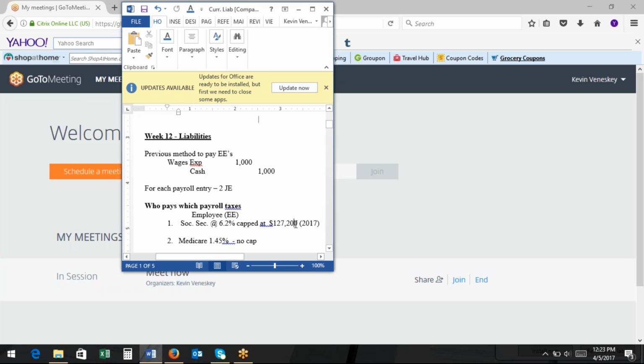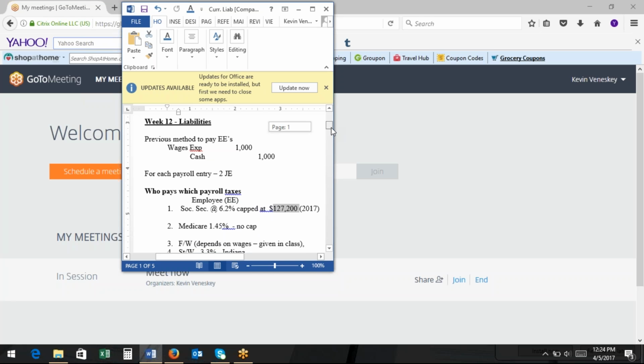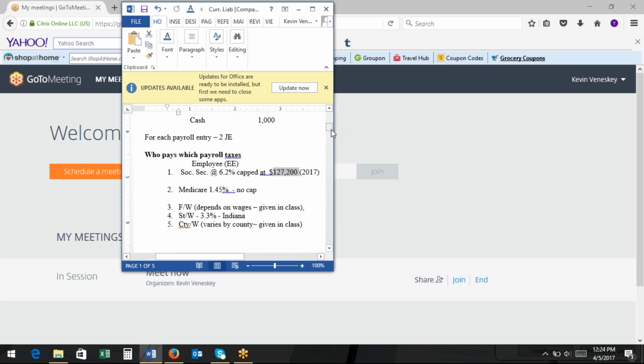So if my paycheck was for $10,000 that month, only $2,200 of it, because that's all I had left to get to this cap, would be taxed for Social Security, whereas all $10,000 would be taxed for Medicare.